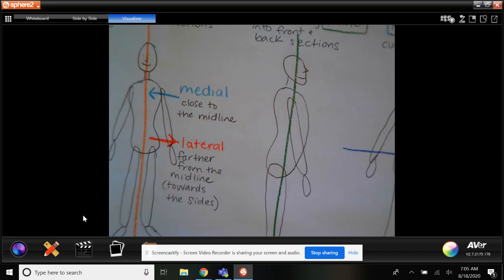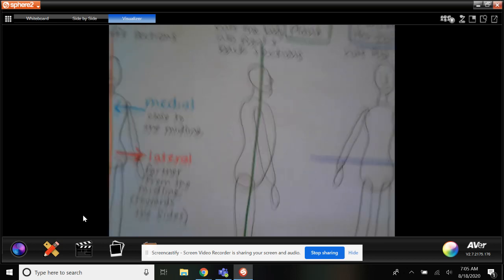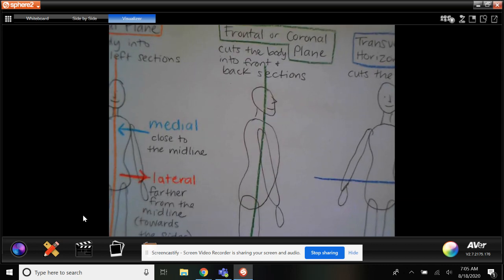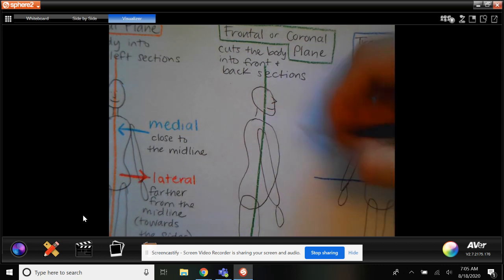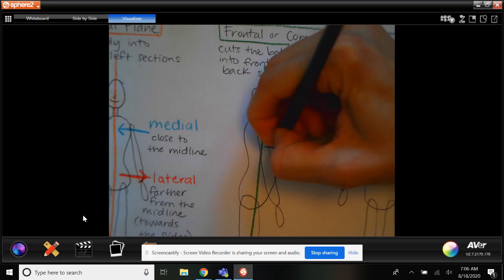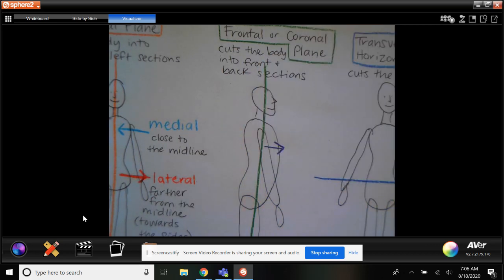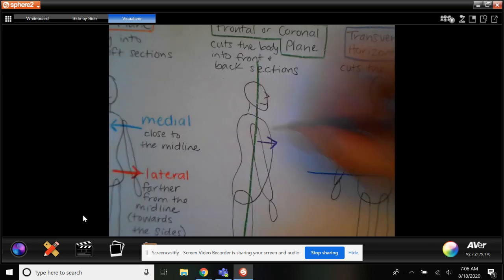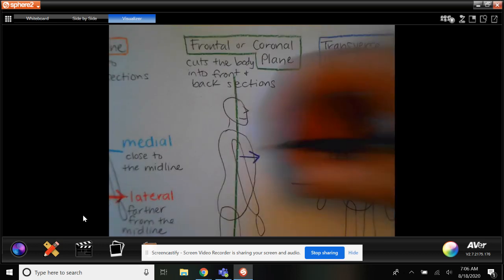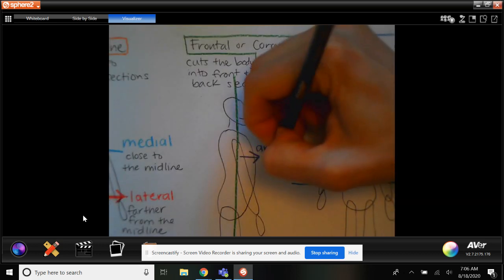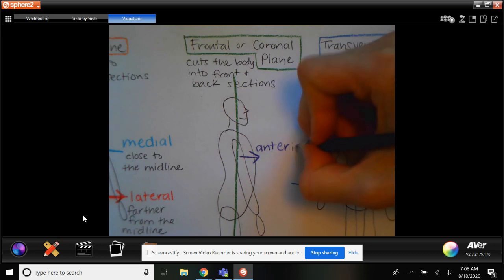On our next picture, with our frontal or coronal plane that cuts the body into front and back sections, we're going to add 2 words here. So if it is towards the front of the body, the word anatomists use is anterior.